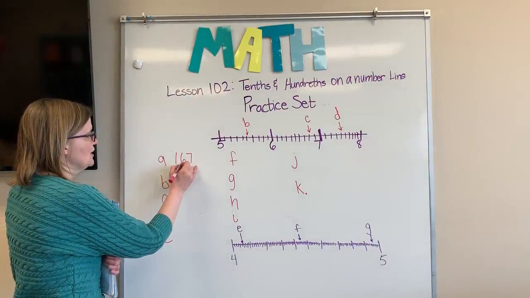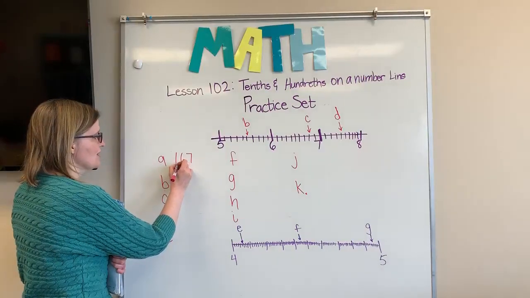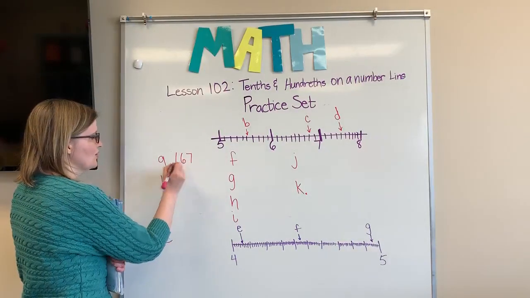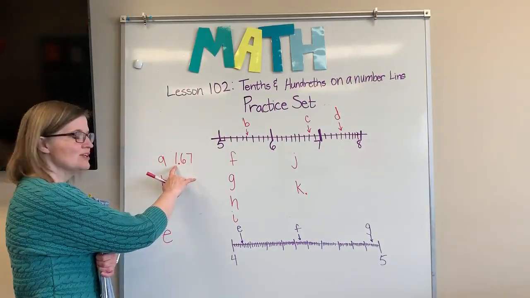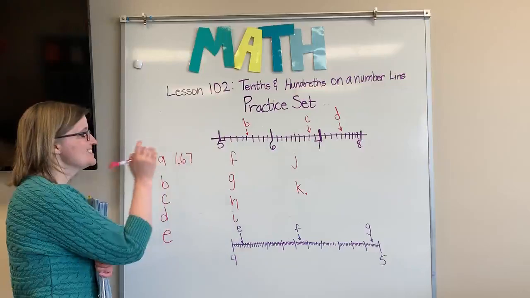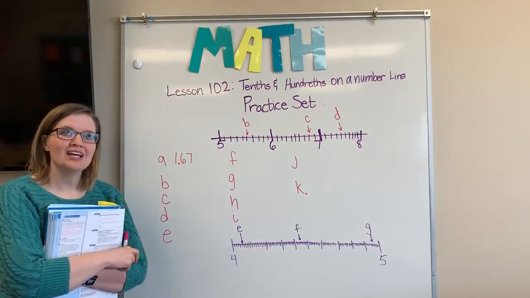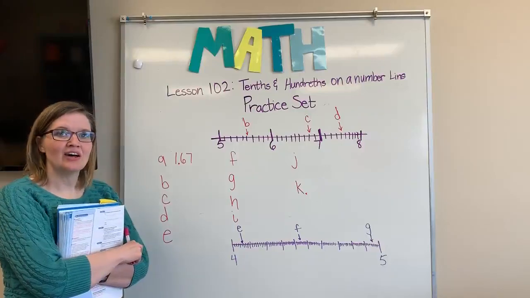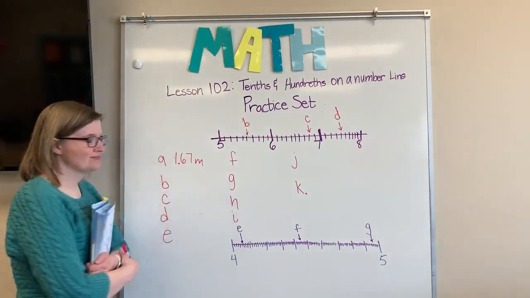So we take our 167 centimeters and we put a decimal point. 167 centimeters is 1 meter and 67 hundredths. And don't forget to label.